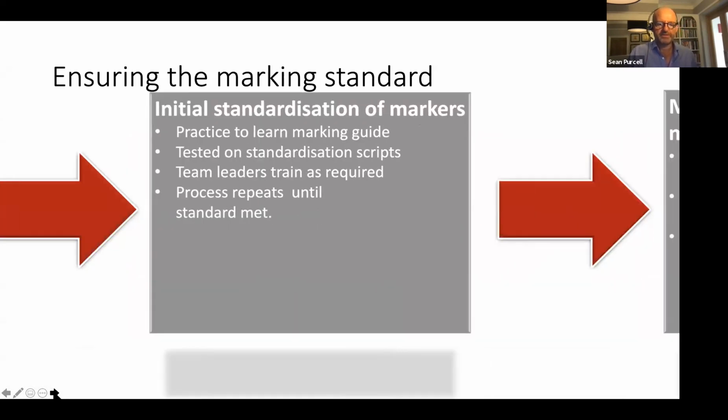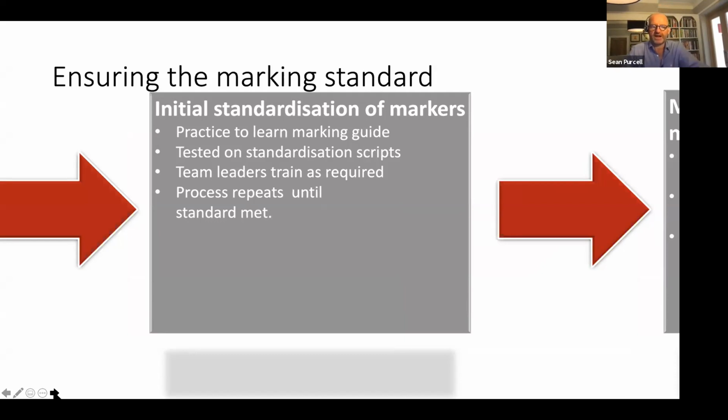What then happens is there'll be 2 different types of practice scripts. The first one, the markers will mark them, and then they can compare their marks to what the examining team have decided are appropriate marks, and they will therefore hopefully tailor their answers accordingly.